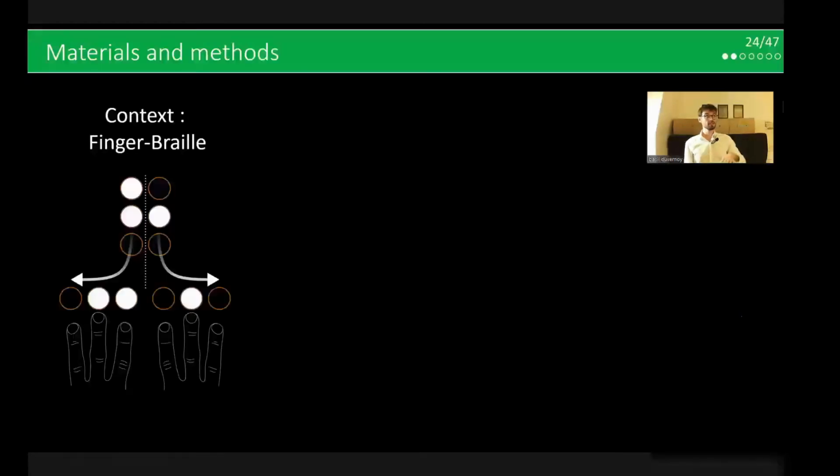As there are infinite possibilities to stimulate the skin, we chose our context and decided to focus on finger Braille. As a reminder, in finger Braille, instead of the 6 dots of a cell, each dot is represented by a finger.